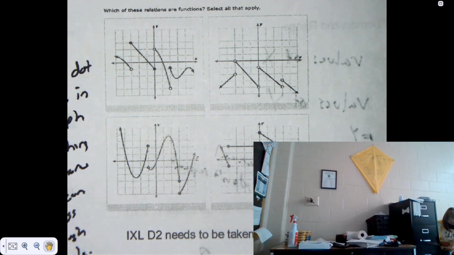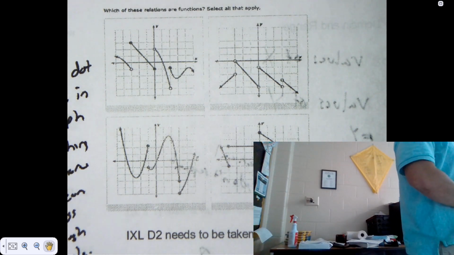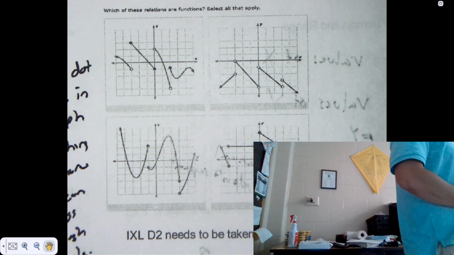Just draw a bunch of vertical lines, kids. You can pass through a hole. Ain't nothing wrong with passing through a hole. They don't count. Sean, what are you looking at? Oh, are you using a calculator to plug in numbers, Sean? You said you were smart.